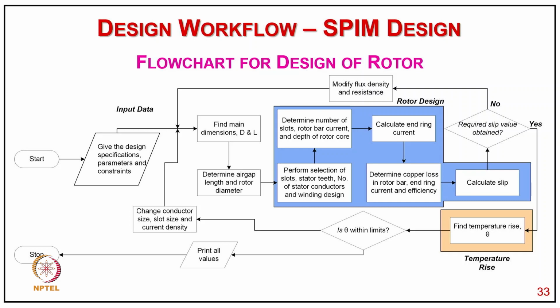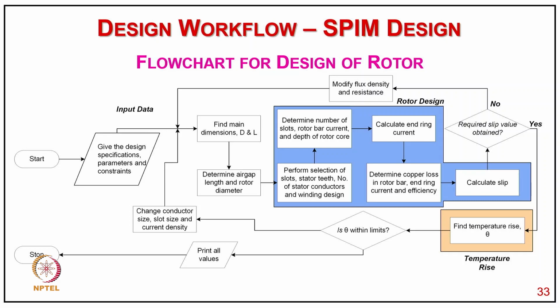Similarly for design of the rotor, starting from typically giving the design specification, parameters and constraints, then find the main dimensions D and L and determine the air gap length and diameter. Then typically perform selection of stator slots, study the number of stator slots and winding design, determine the number of rotor slots, rotor bar current and depth and rotor core, calculate the end ring current, determine the copper loss in the rotor bar and ring and current density, calculate the slip.